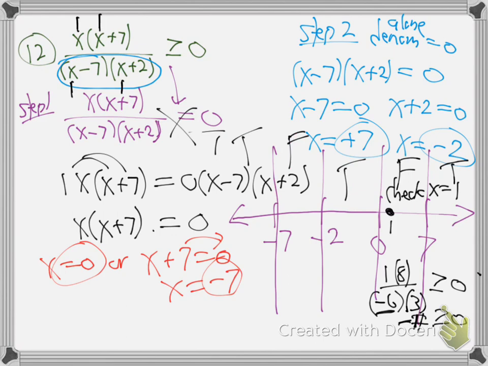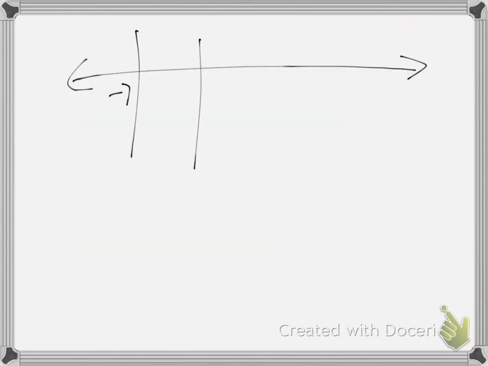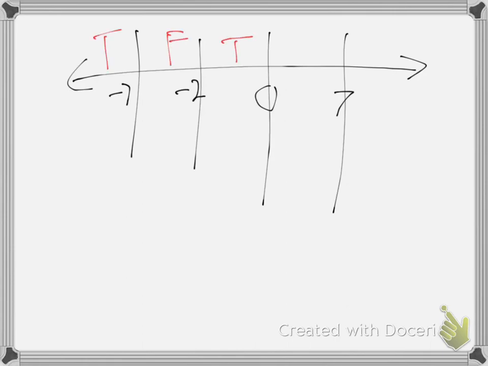All right, finally. Let's give the final answer here. I'm going to go to a fresh screen really quick. Negative 7, negative 2, 0, 7. So true, false, true, false, true. So here's the truth. 3 true sections.